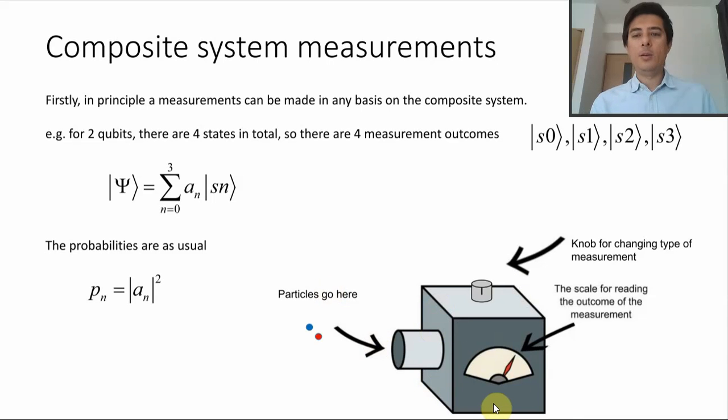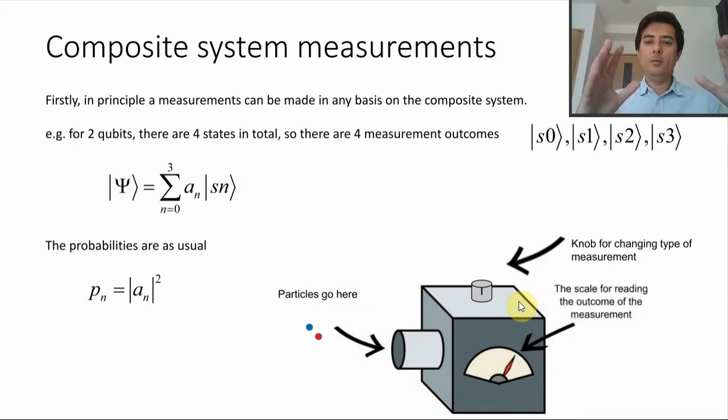So how do measurements work with composite systems? The answer is it works in exactly the same way as we already know. All we really need to do is extend the measurement idea to a larger system. So for example, for 2 qubits, there are 4 states in total, as we saw.